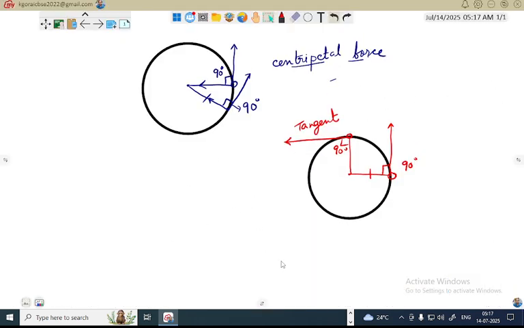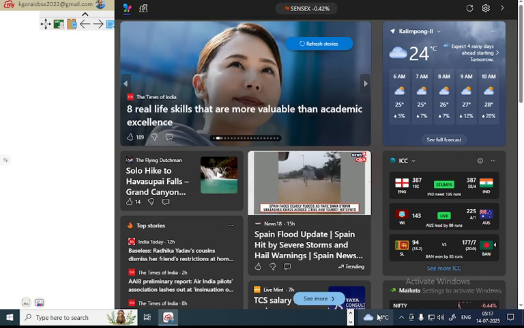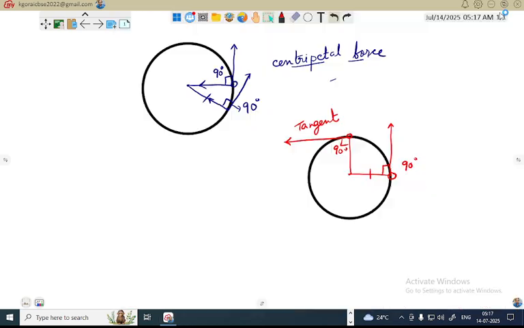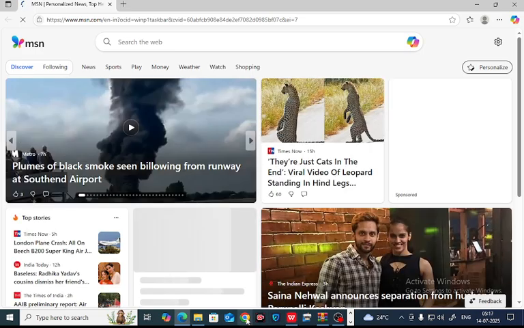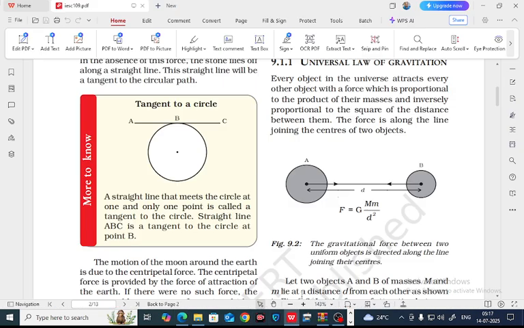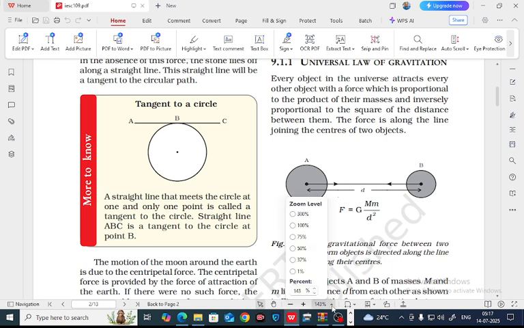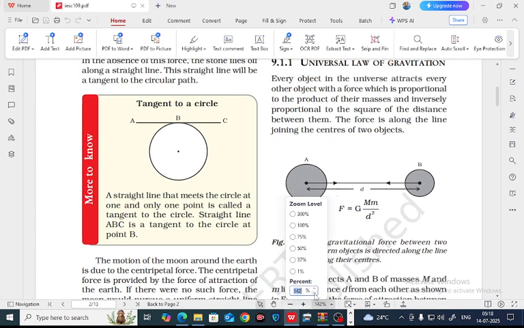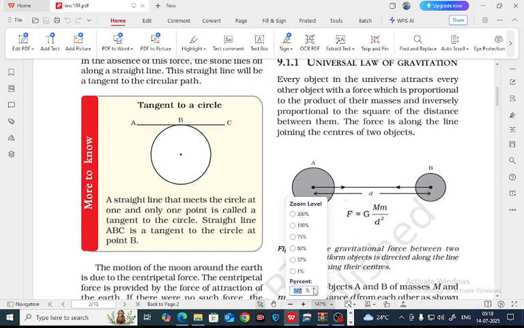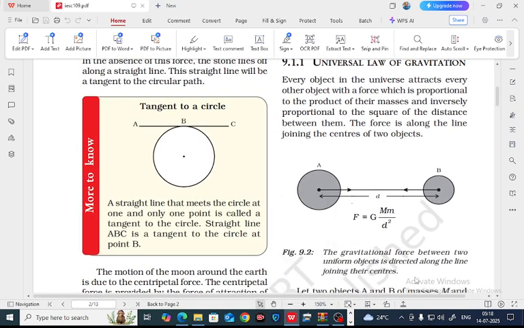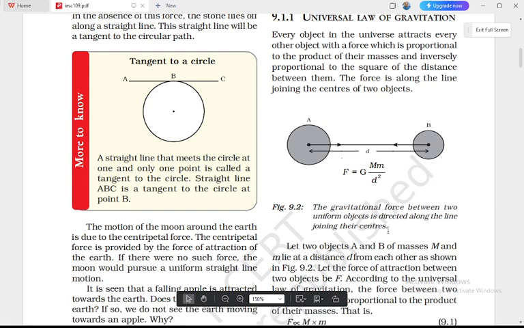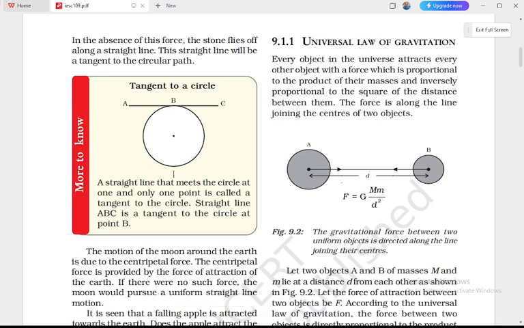That means we have found that this is tangential to the circle. Tangent means, again I am telling you, this is the tangent. Suppose this is a circle. I am telling you how to find this one. This is what we call a tangent to the circle.